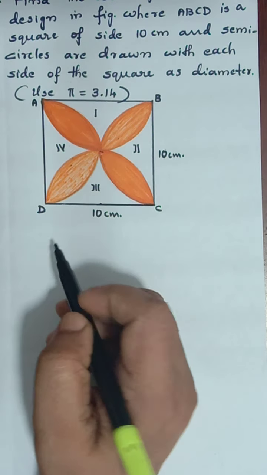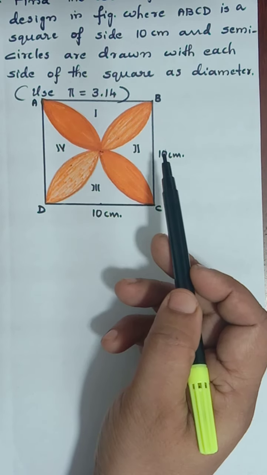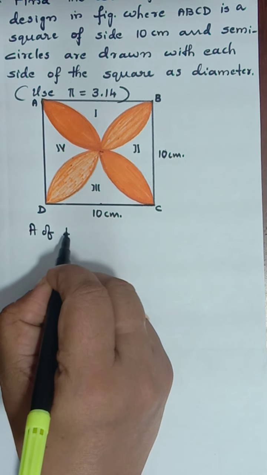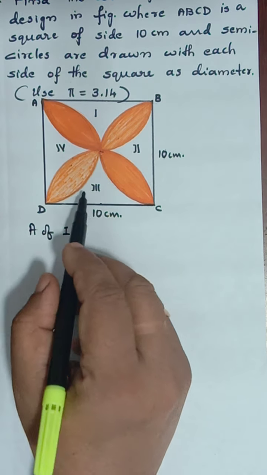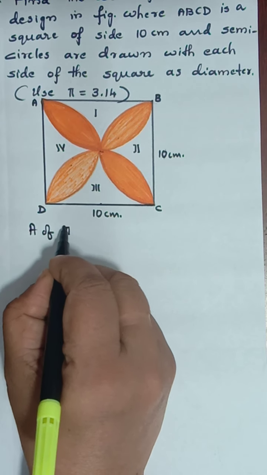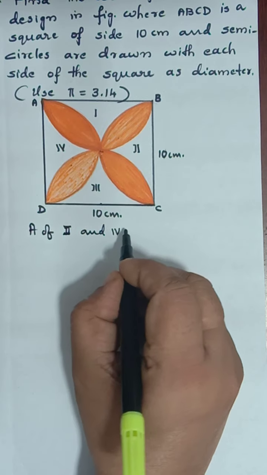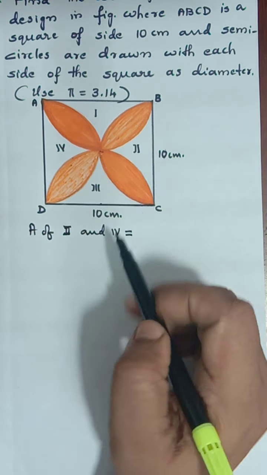Okay, therefore how to write that? We have marked ABCD, area of 2 and 4. I have taken 1 plus 3 or 2 plus 4, no? What is the area of 2 and 4?